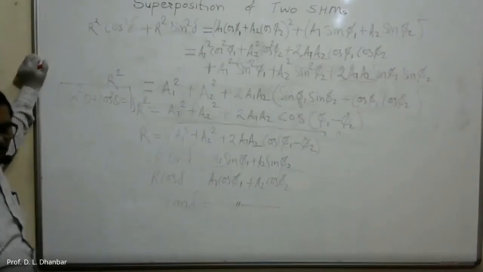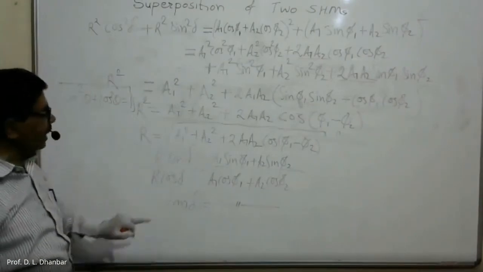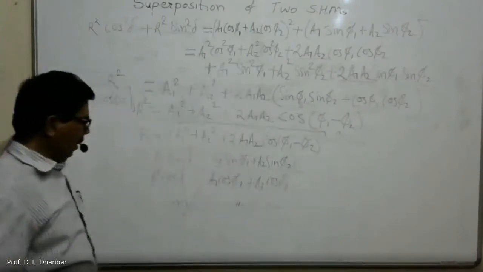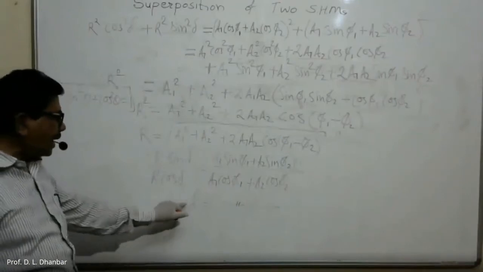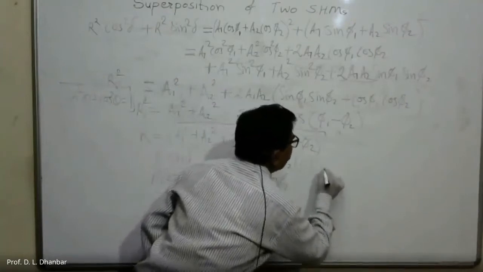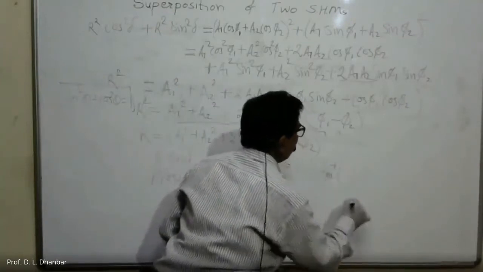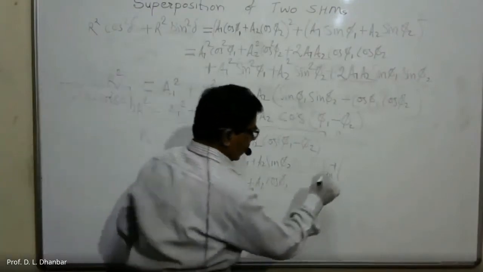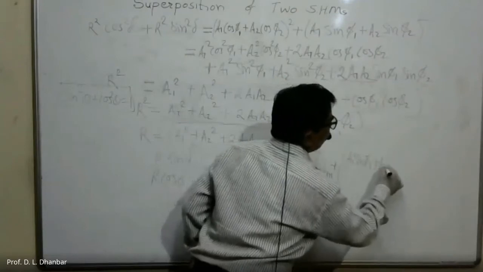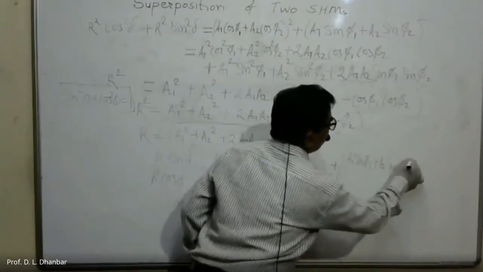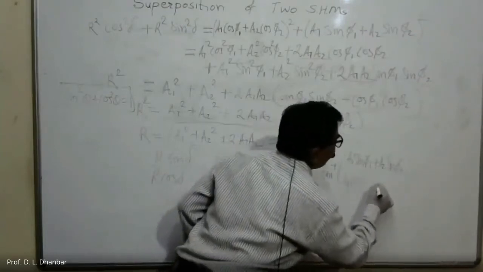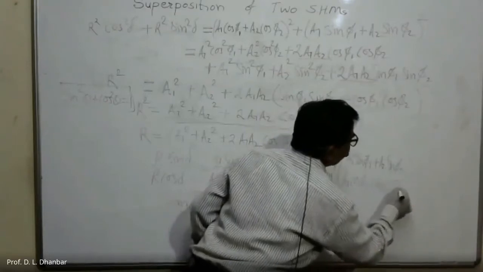But our aim is to find delta. So delta is equal to what? To find delta, delta is equal to tan inverse of this side. So delta is equal to tan inverse of A1 sin phi 1 plus A2 sin phi 2, divided by A1 cos phi 1 plus A2 cos phi 2.